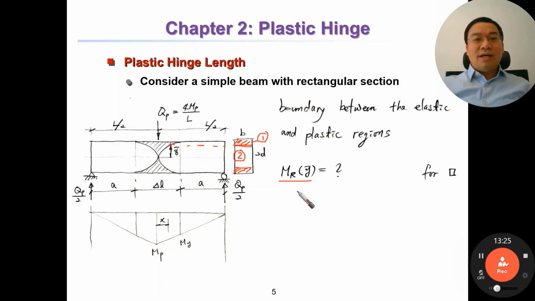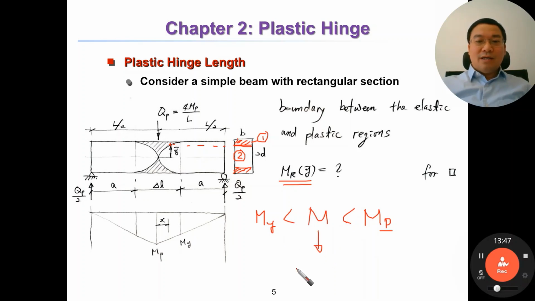So we already have the equation of M, where M is greater than My and smaller than MP. That is the elastic plastic phase, and you already know how to calculate M. Do you remember? It is a function I mentioned several minutes ago.